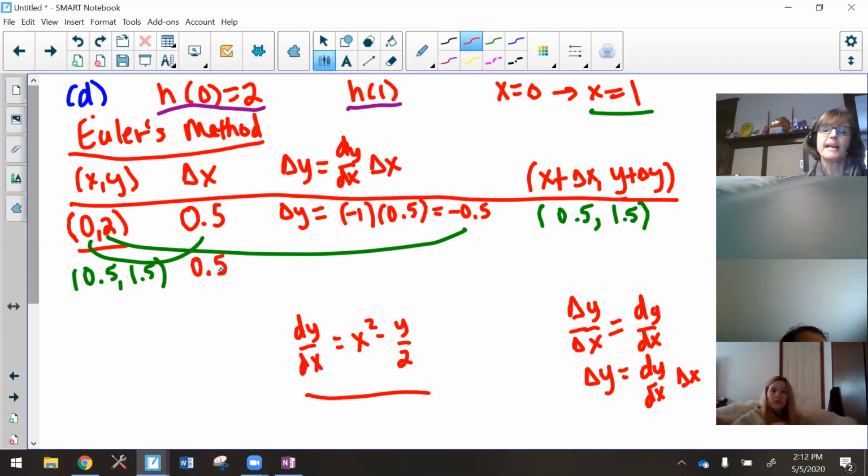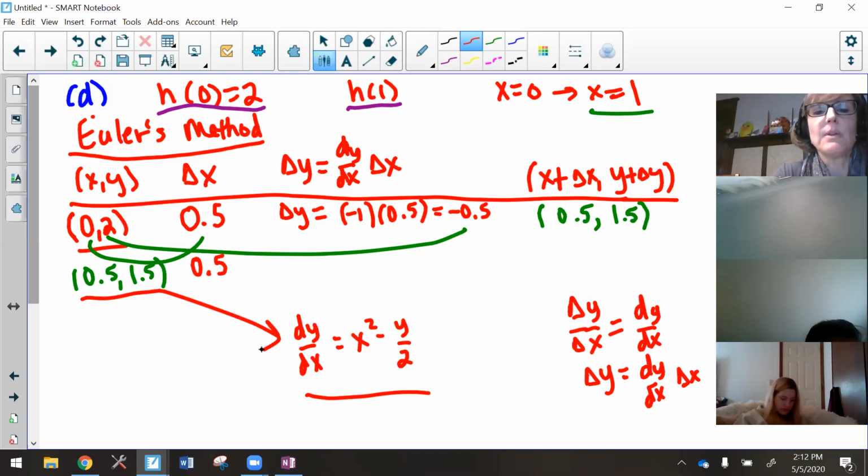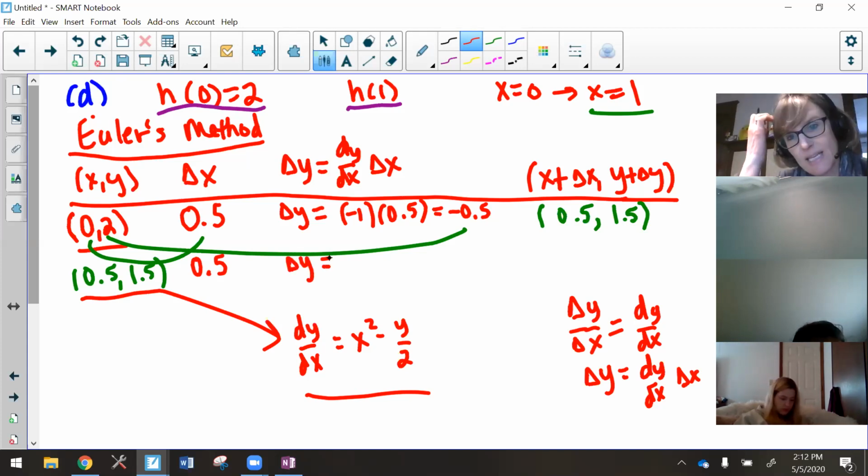So my change in x is still 0.5. But now I have to take these new points and substitute them into dy dx. Because my delta y is dy dx times delta x.